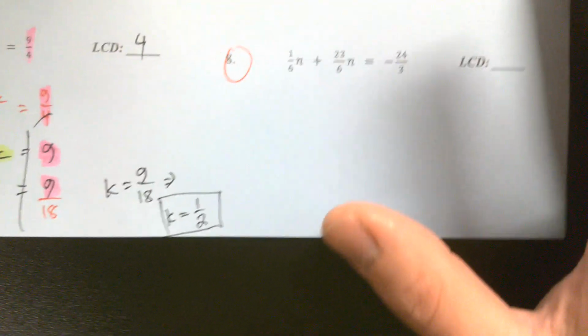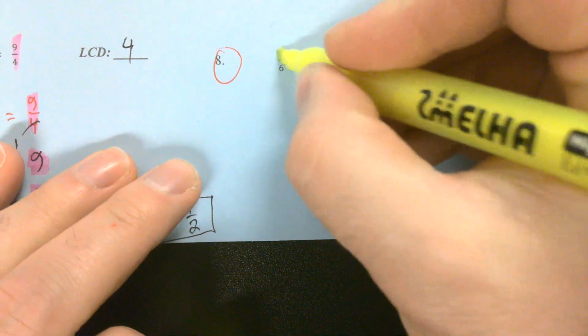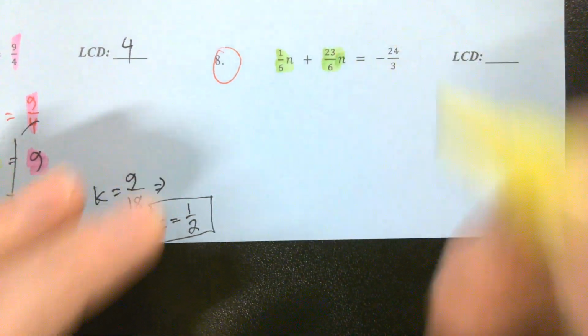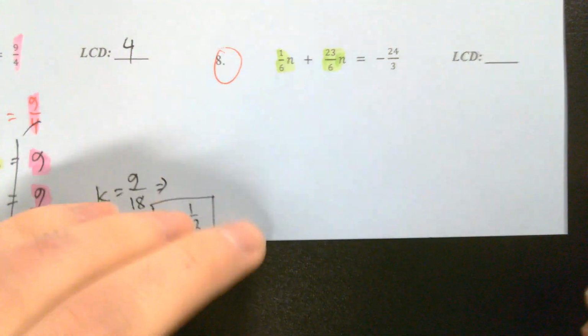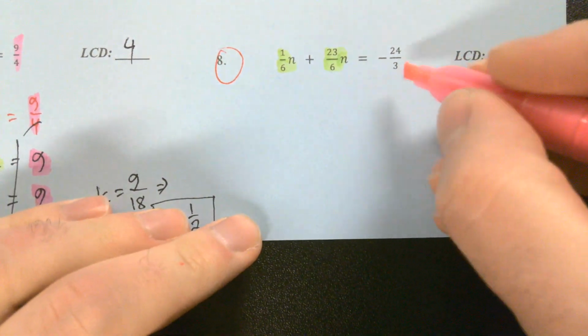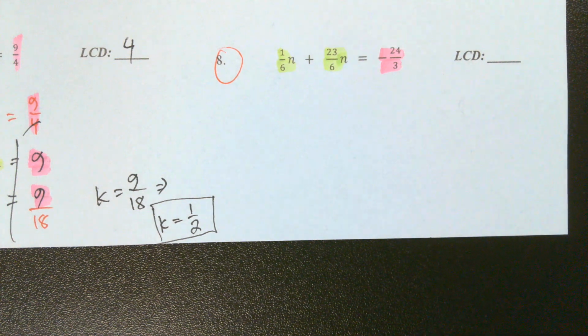Last but not least, over to 8. Same kind of thing. Right off the bat, I see an n with an n on the left. I know in my head I'm going to combine those later. And I see a constant term on the right.